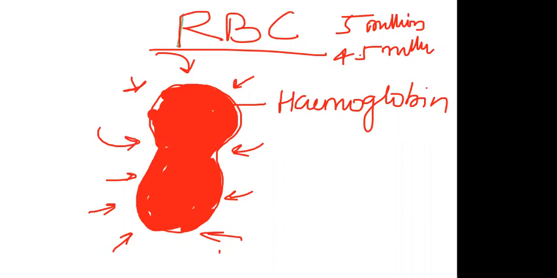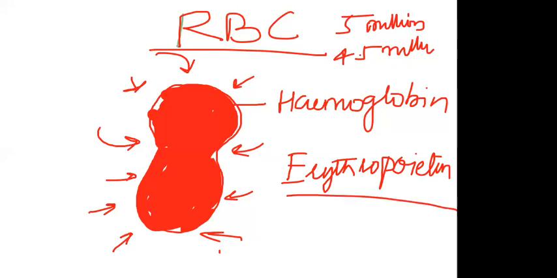Shortage of oxygen stimulates the kidney. This is a very, very important issue, which nobody will expect, and that's why we got a question here last year. The kidney produces a hormone called erythropoietin.